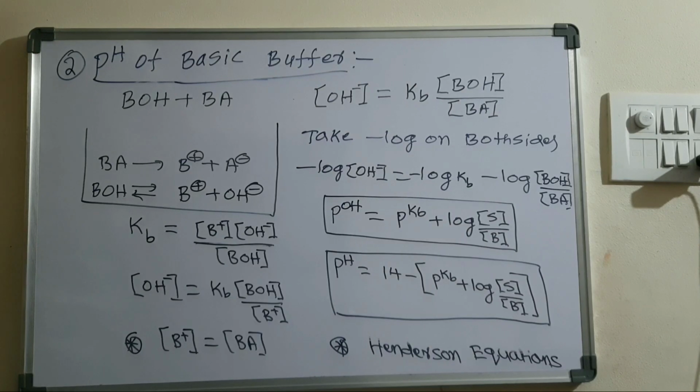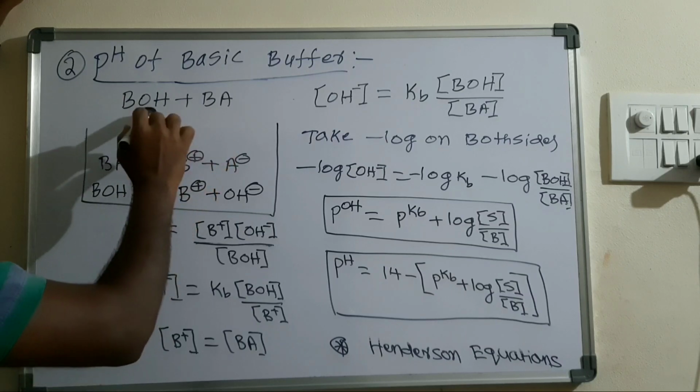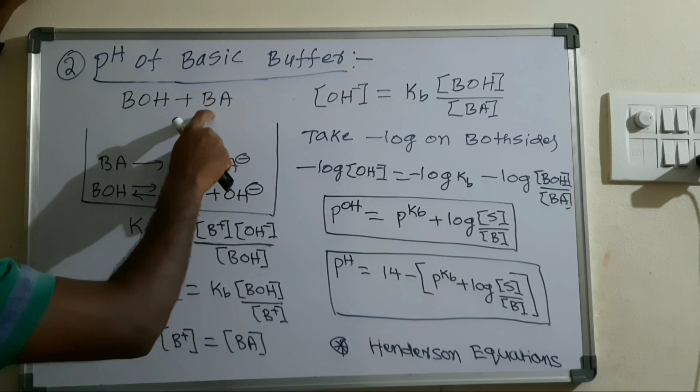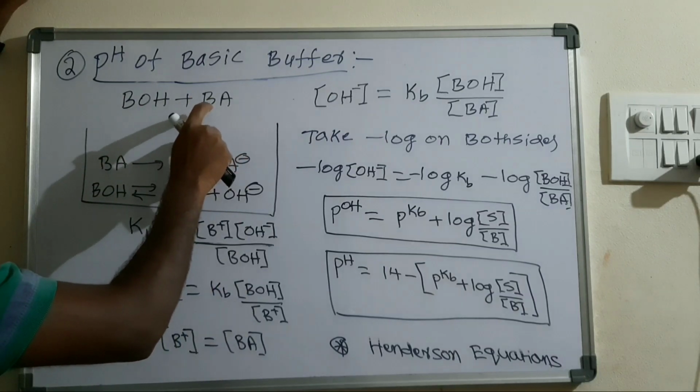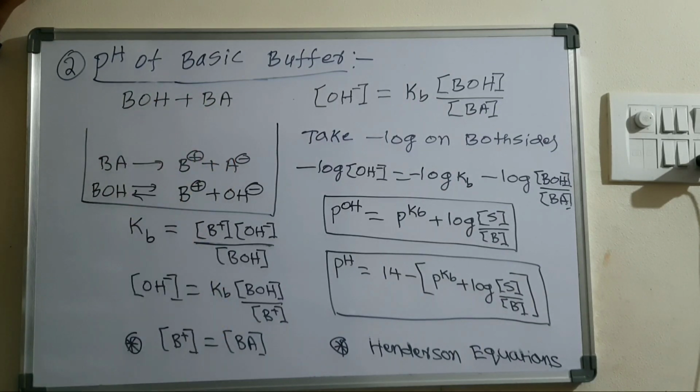Now the pH of a basic buffer. I am taking the basic buffer as a weak base which, whenever it reacts with a strong acid, forms a salt. For that salt, the general form I have taken is BA. BOH plus BA acts as a basic buffer.